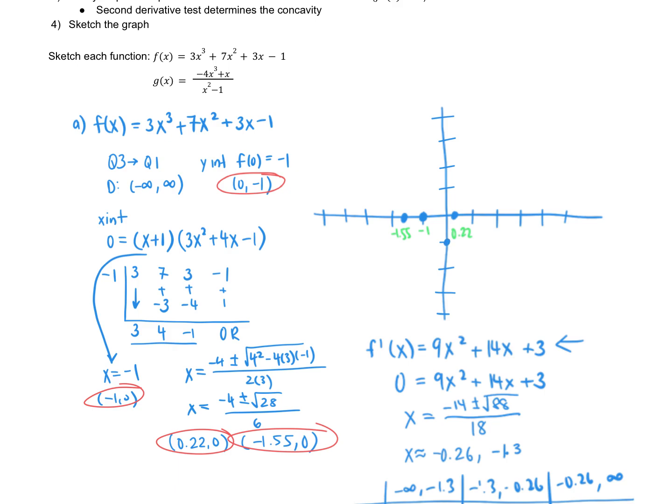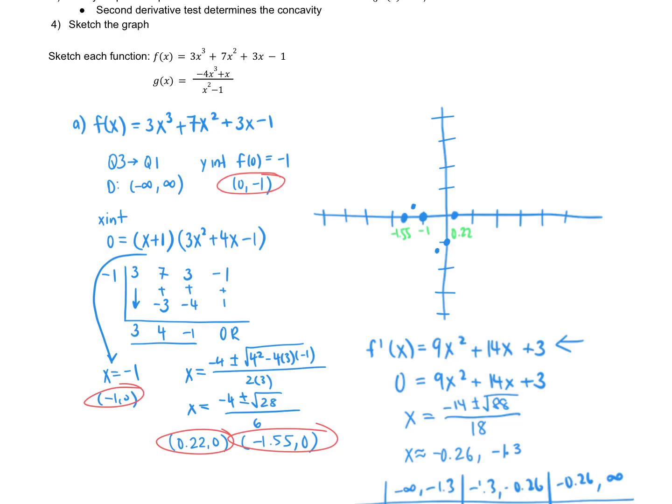Here it is. The first critical point, so that local maximum, was at -1.3, comma 0.34. So something like that. And then the local minimum was at -0.26, comma -1.36. So maybe something like that.